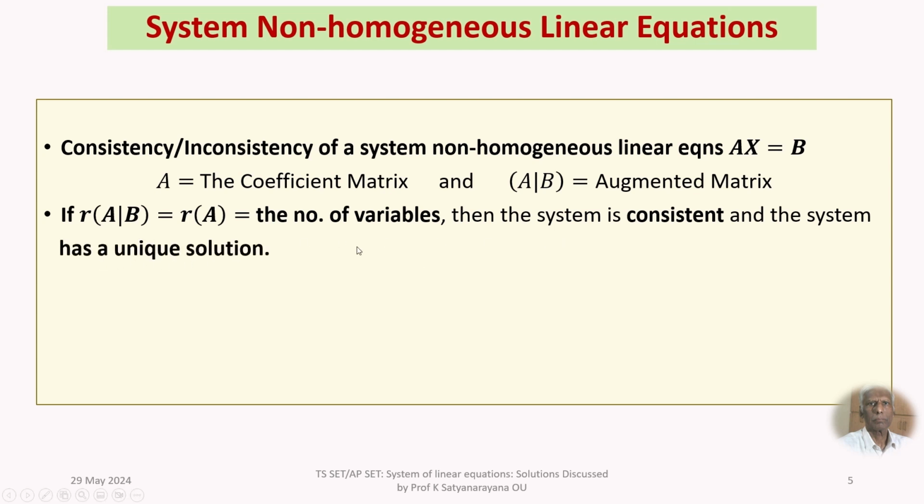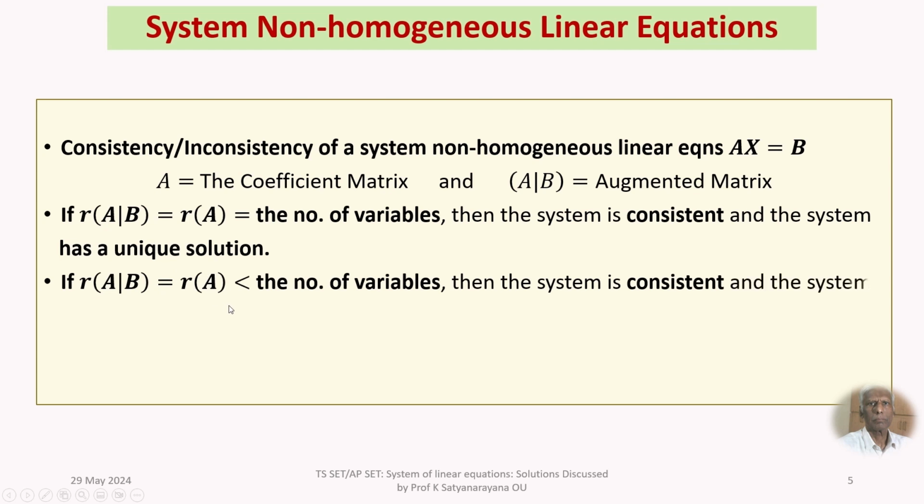So in this case, the rank of [A|B] equals the rank of A, which equals the number of variables, then it is consistent and it admits a unique solution. If the rank of [A|B] equals the rank of A, which is less than the number of variables, then the system is consistent and admits infinitely many solutions.